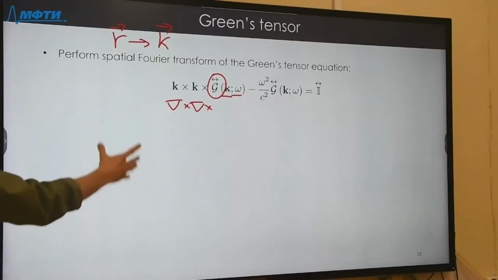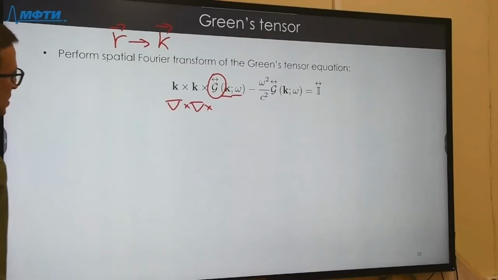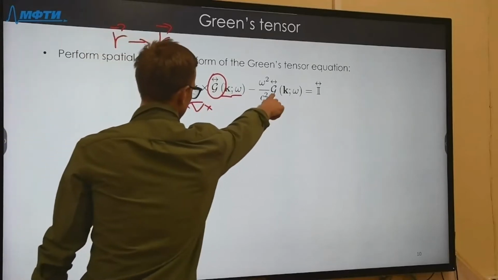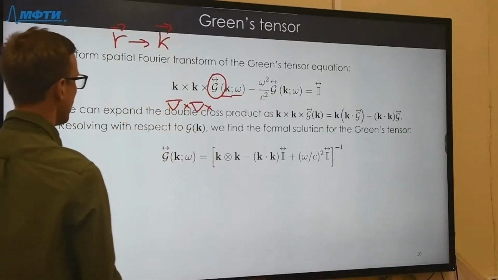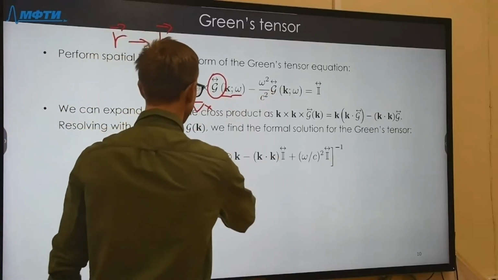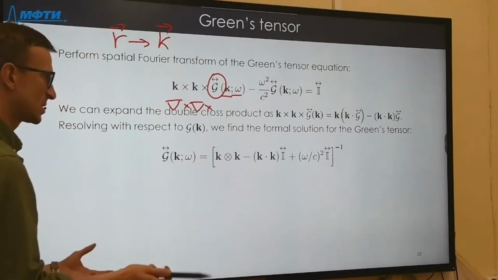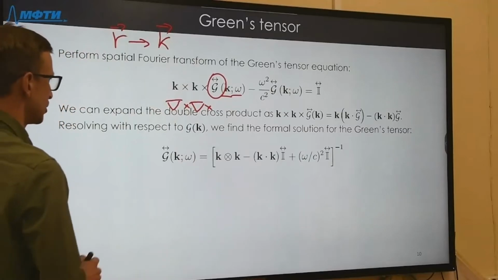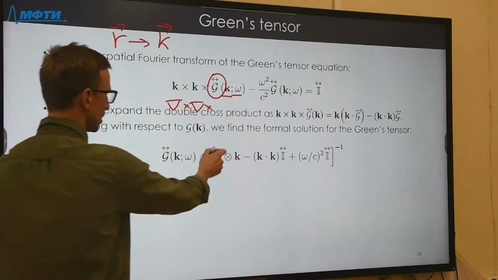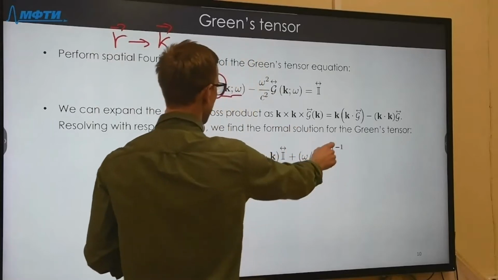And in principle, looking at this, it should be possible to resolve. We can group these G's and invert the resulting operator and get this. So in principle, this is the answer. G, the Fourier image of G, can be calculated as the inverse operator of this combination.